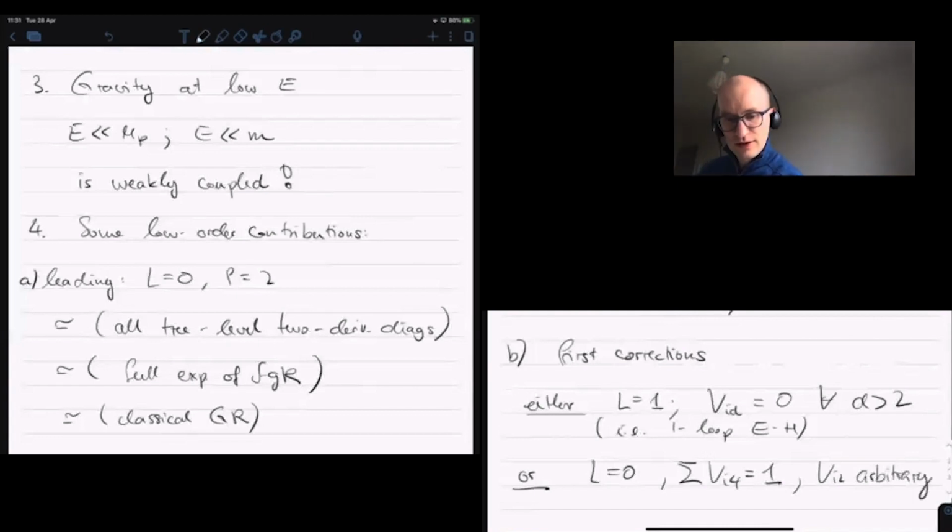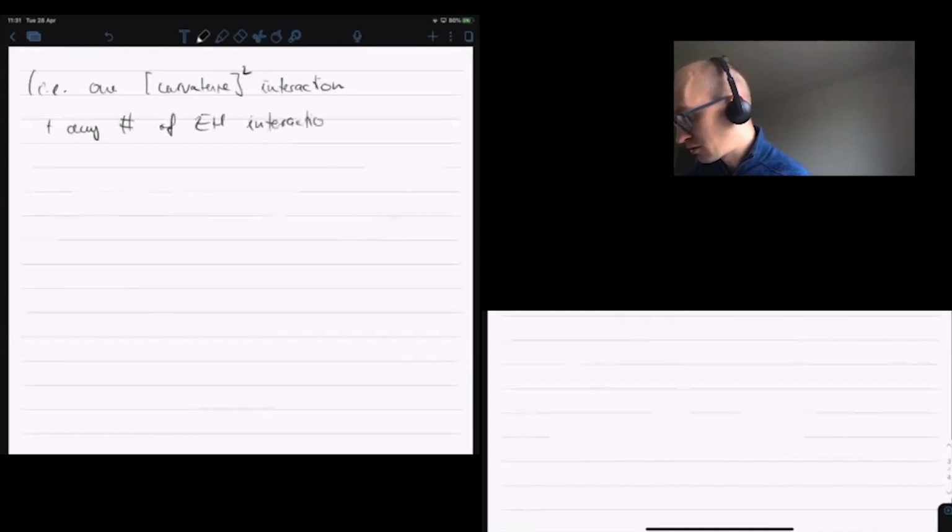Arbitrary. And all other V_{i,D} are 0. So what does this mean? This means we have one curvature squared interaction, plus any number of, let me call them Einstein-Hilbert type interactions.